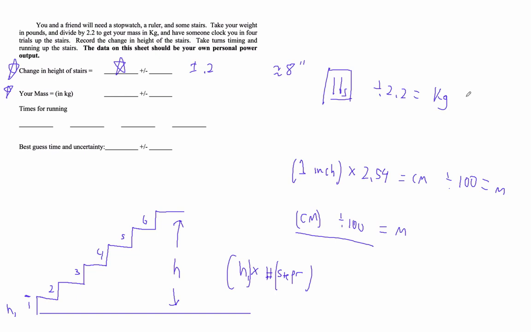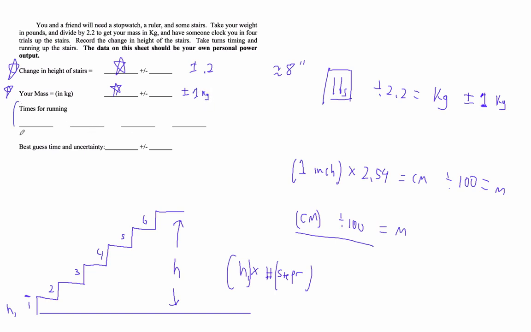If you want to be conservative, you could say that it's plus or minus a whole kilo. That's easy, so if you want to choose that, that's good. So this is going to be your weight in pounds divided by 2.2, and for the uncertainty, probably plus or minus a whole kilogram. Let's go with that.